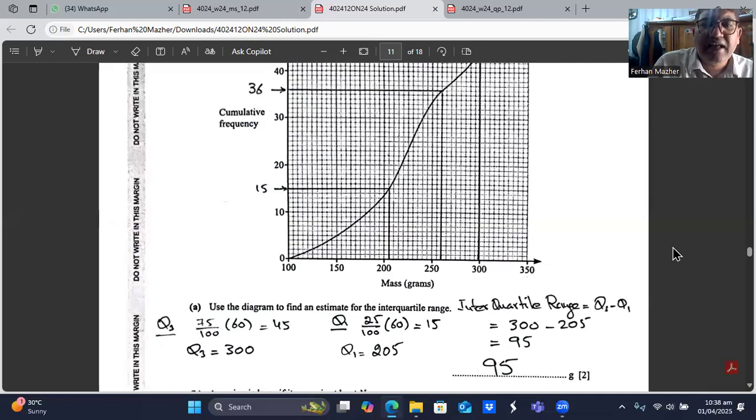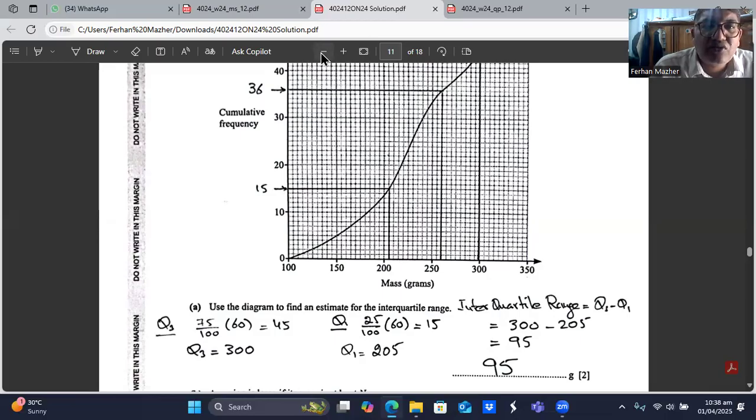Then I will find 25% of the 60, that is 15. On the y-axis, I will check where is the 15. From there, I will go to the cumulative frequency curve, and then I will check what is the x value. So this is 205. So that is Q1. So the interquartile range is Q3 minus Q1. 300 minus 205, that is 95.